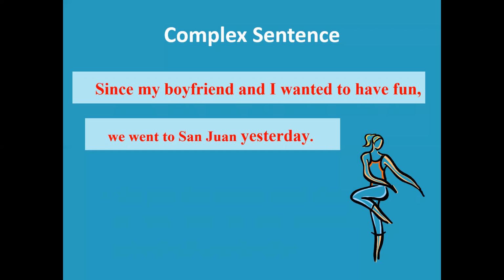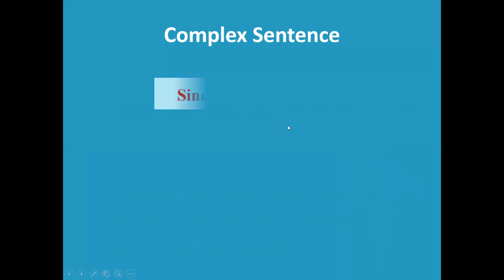After the comma, we have "we went to St. John yesterday." That is the main clause, because we have one finite verb and it can stand alone. Therefore, it is the main clause. And the first part, "since my boyfriend and I wanted to have fun," is a subordinate clause, because it cannot stand alone without the second part. Okay.